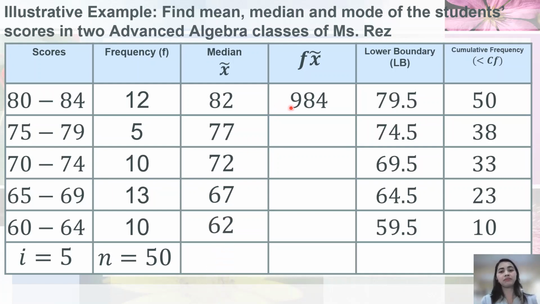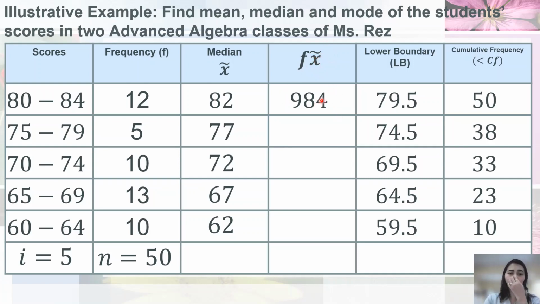Ma'am, what is the meaning of this? F multiplied by median. That is the meaning of this one. But in your book, you will not see the x tilde here; it is just a simple x. I just wrote x tilde here so we can say that it is the symbol for median.